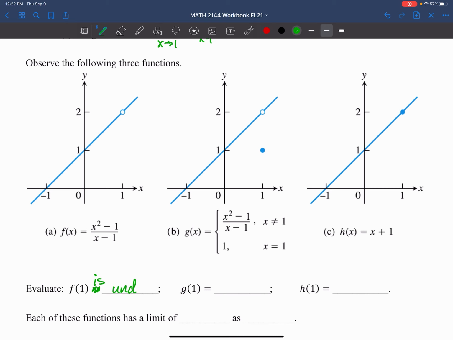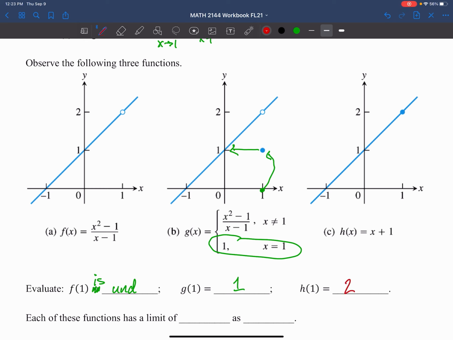G of 1, so this middle graph, g of 1 is defined piecewise to be equal to 1. So right here, g of 1 is equal to 1 because I go to this x value, I find the graph, and the associated y value is there. And you can see that's also from this piece right here. And in this last case, h of 1, you can see it up here, it's going to be 2.